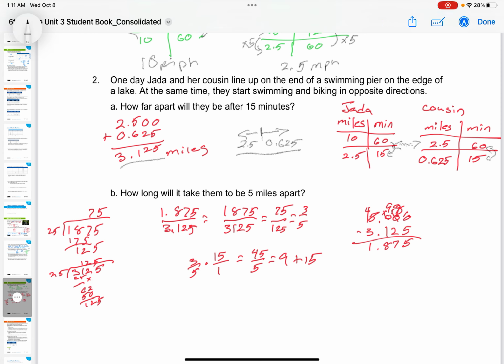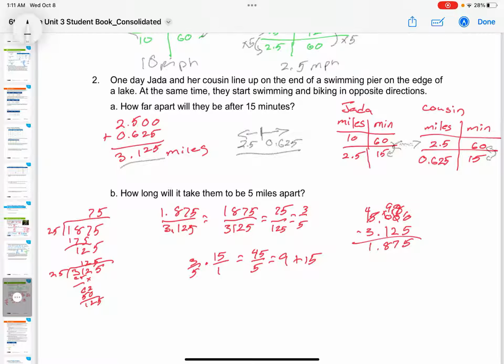Well, we know that it's 15 minutes for them to be 3.125 miles apart. So we take that away from our 5. And we're left with 1.875.